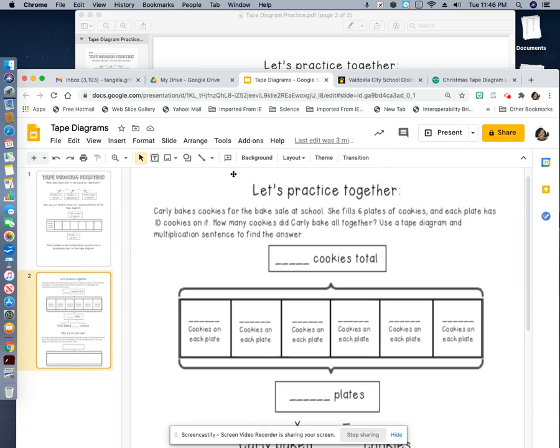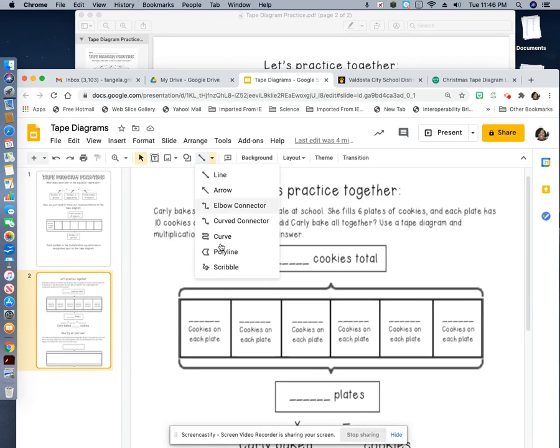So here we would put the total number of cookies up here. Number of cookies on each plate we would put here, and then the number of plates. So let's look at our problem very carefully and see where we're going to put the information that we know and the information that we don't know.